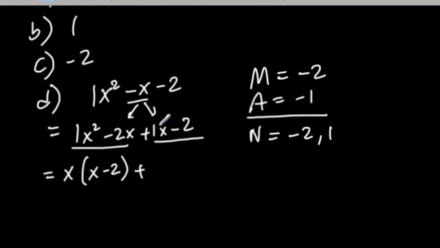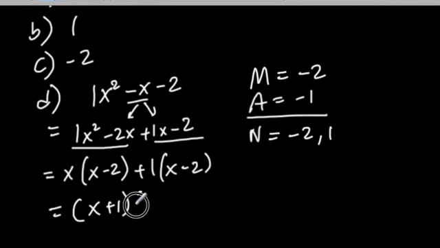And since there's nothing really in common between 1x and negative 2, there's always one thing in common, which is simply 1. 1 is common with anything. And then it's x minus 2. So 1 times x is 1x, and 1 times negative 2 is negative 2. These two are the same, so we're on the right path. So it's x plus 1 and x minus 2, and that's the factored form.